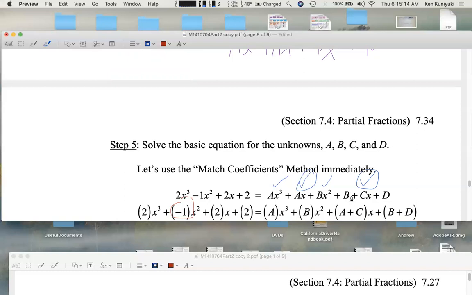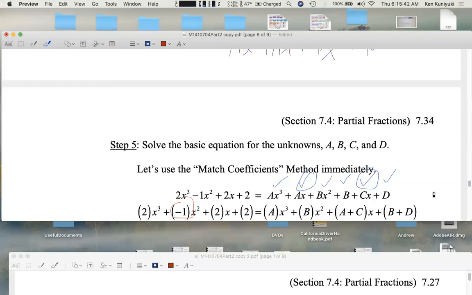Plus, let's pick up the constant pieces. We have the b and the d, plus, I'll put this in parentheses, b plus d will represent the constant term. Actually, it's going to end up being the 2, right? We're saying that b plus d is going to end up being the 2 over here. So these coefficients here are all in parentheses, and some of them have more than one term in them. But each of these coefficients will represent a real number.